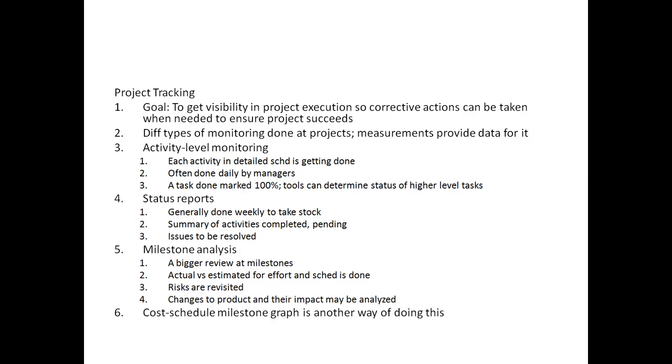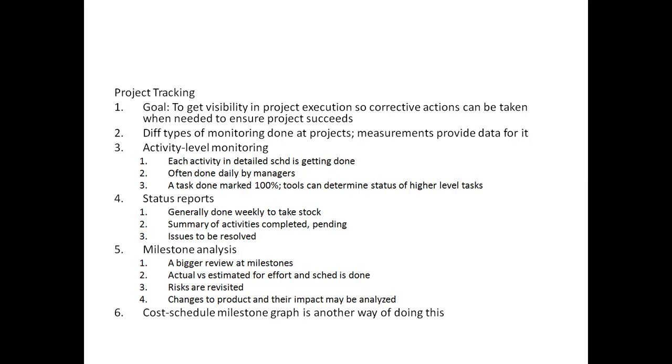Activity level monitoring ensures that each activity in the detailed schedule has been done properly and within the time limit. This type of monitoring may be done daily in project team meetings or by the project manager checking the status of all the tasks scheduled to be completed on that particular day.